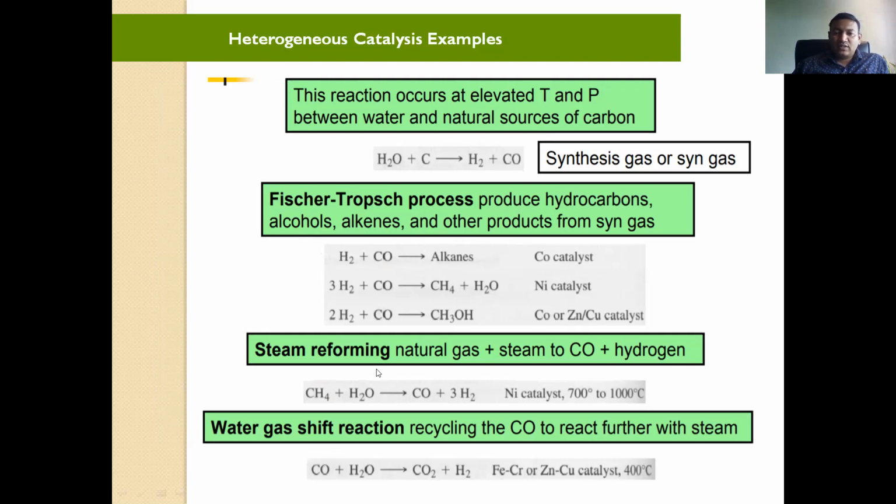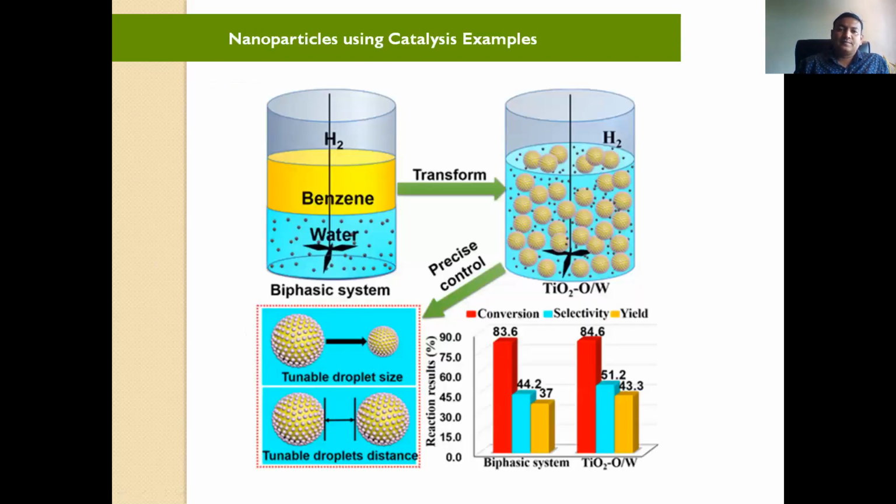This water gas we can also produce from methane and water using a nickel catalyst. So here also catalysis is important to prepare water gas. Then the water gas shift reaction is also there, that is also in the presence of a catalyst, right? So this is another example of heterogeneous catalysis.